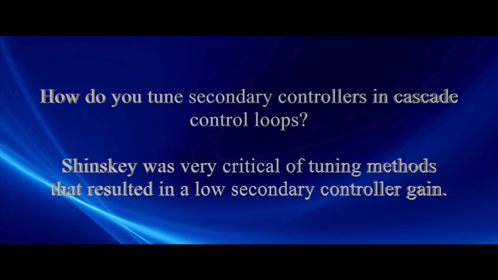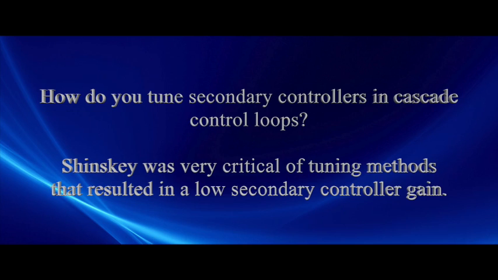Plus, I think you could use lambda tuning, but choose a lambda for the secondary loop that was 5 times faster, like 1/5 or smaller than the lambda for the primary loop, and you would then end up with good tuning settings, particularly if you use the modifications that I sent or have shown here.